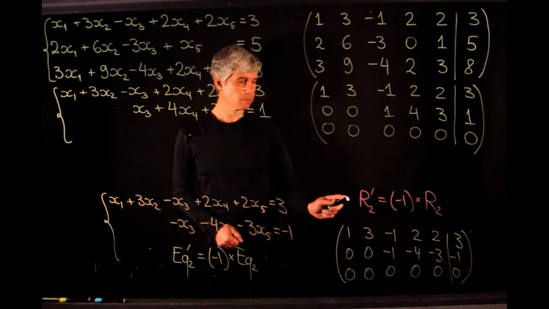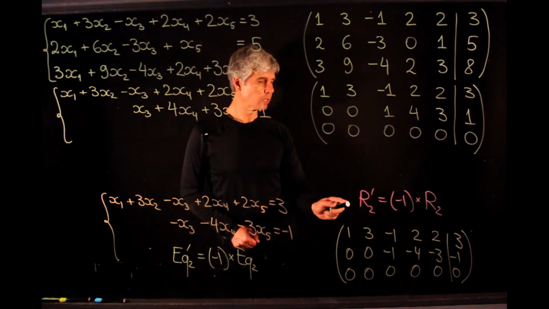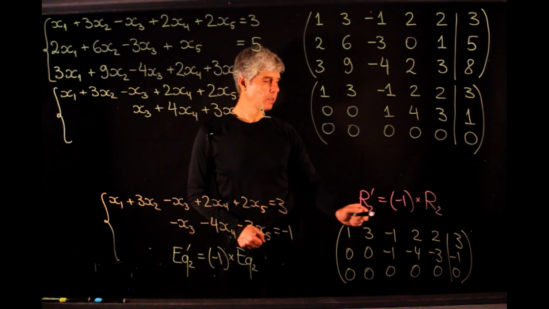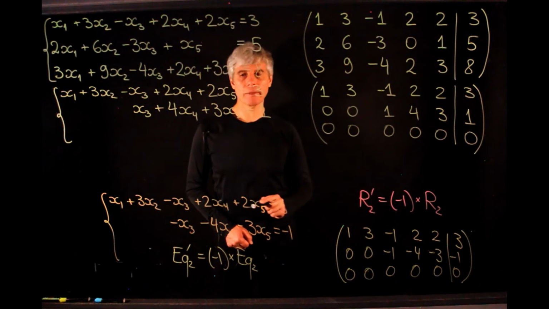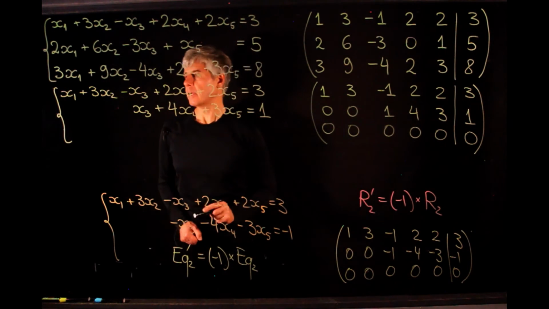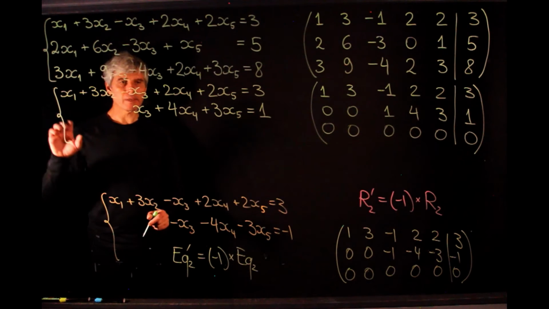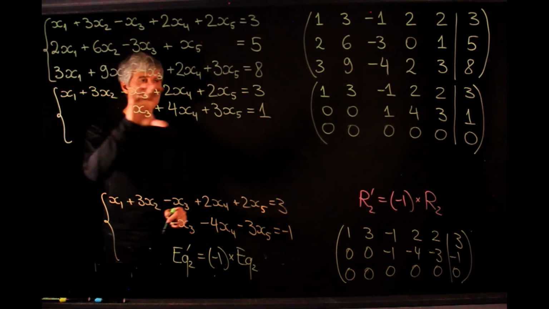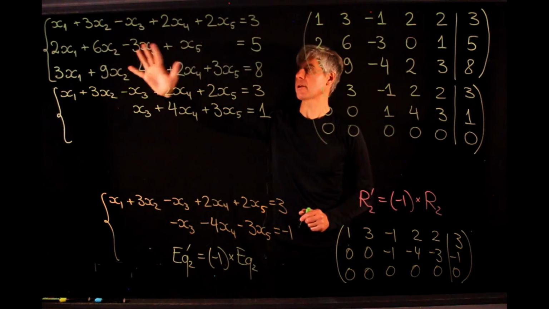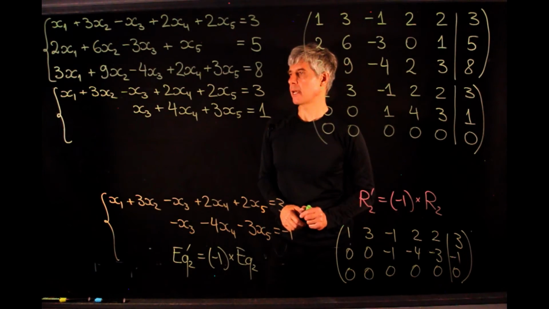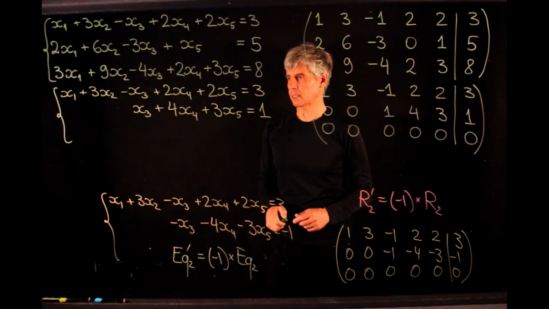For matrices, the corresponding transformation is multiplying row 2 by -1, and here is the resulting matrix. So now we can see that the new system of equations that we've got is considerably simpler than the original system of equations. And we simplified it to the point where we can analyze the solutions of this system.